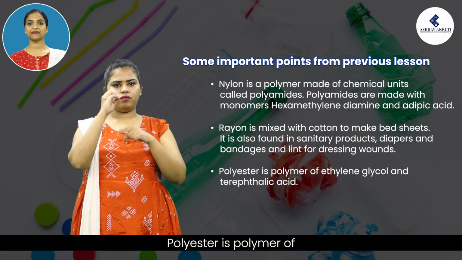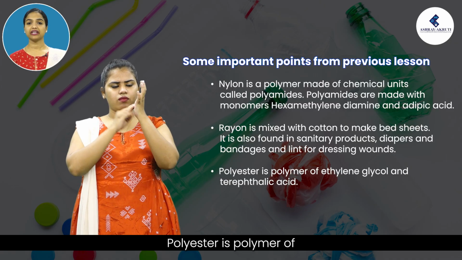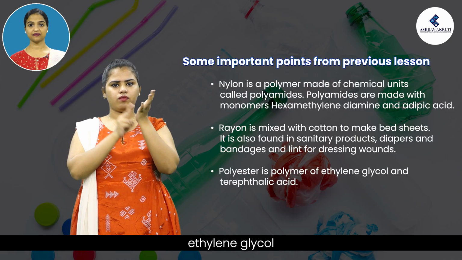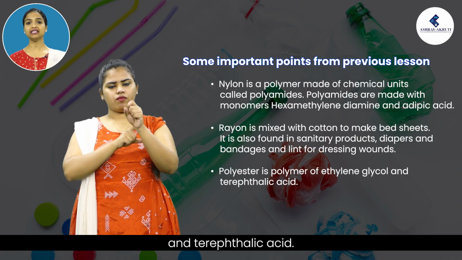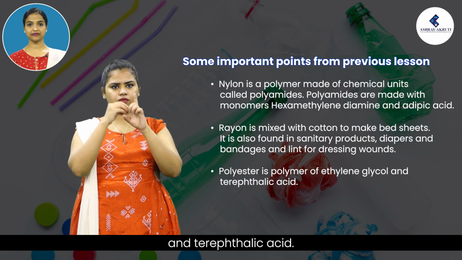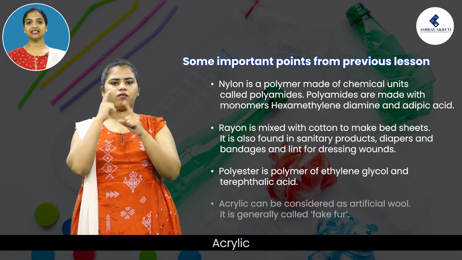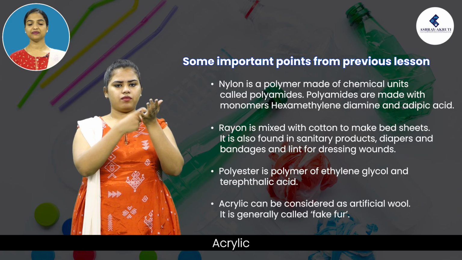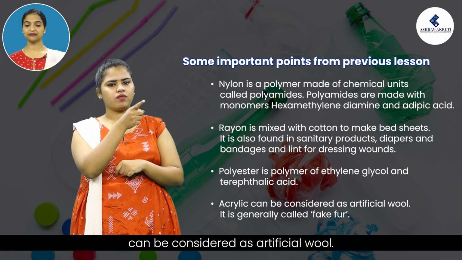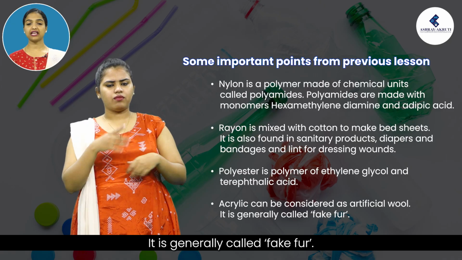Polyester is polymer of ethylene glycol and terephthalic acid. Acrylic can be considered as artificial wool. It is generally called fake fur.